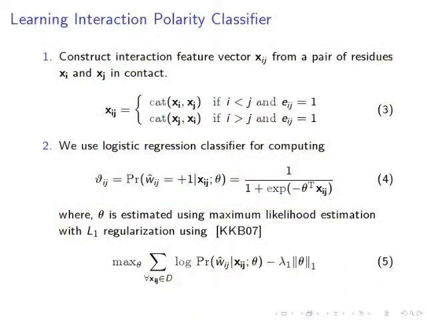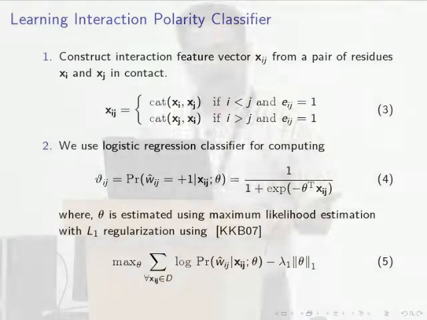So first I'll explain learning of interaction polarity classifier, where we are interested in predicting the edge label for the protein residue network. What we do is we first concatenate features of the residues and make a concatenated feature vector xij, and then train a logistic regression classifier with L1 regularization, which will give us the probability of Wij being 1 given the feature vector.